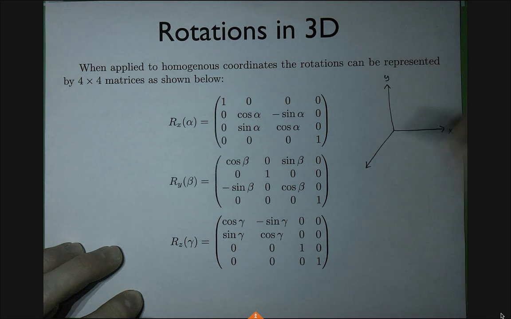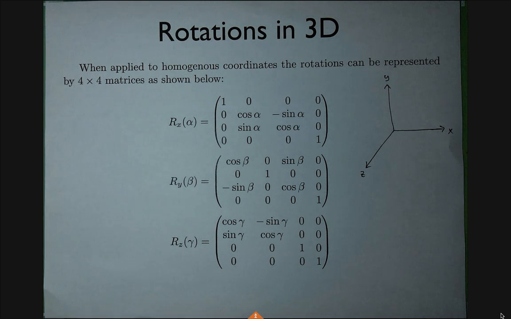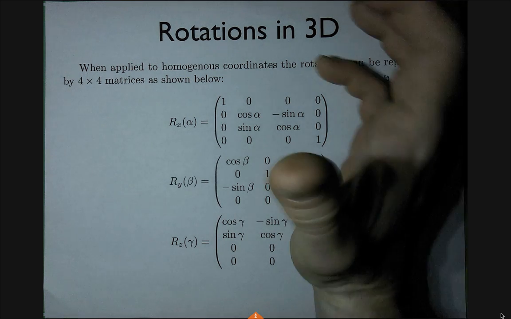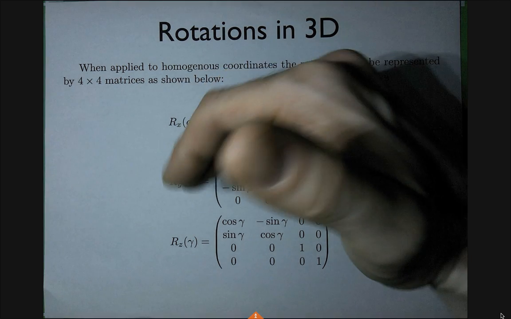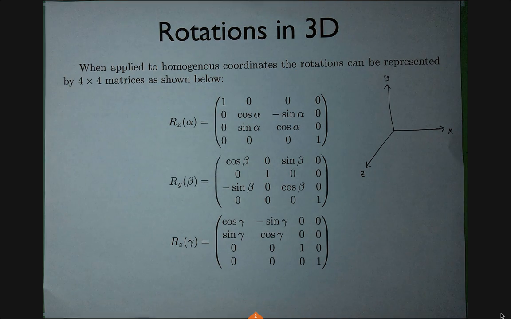So if we have a basis in 3D, it could look something like this. And just like in 2D we have the default convention of counterclockwise rotation, in 3D the convention is the right-hand rule, right? If you put your thumb in the direction of the axis, then the rotation works like this. That basically curls along the fingers.